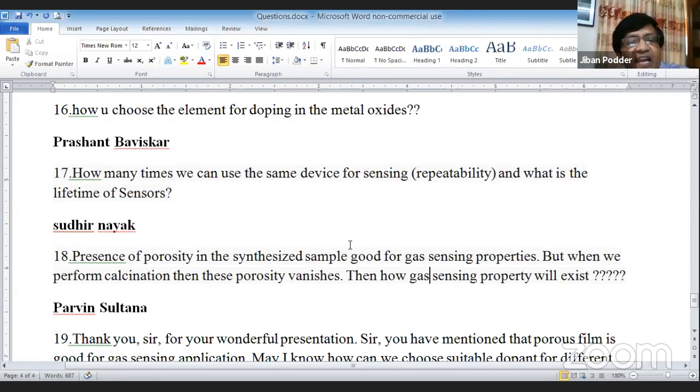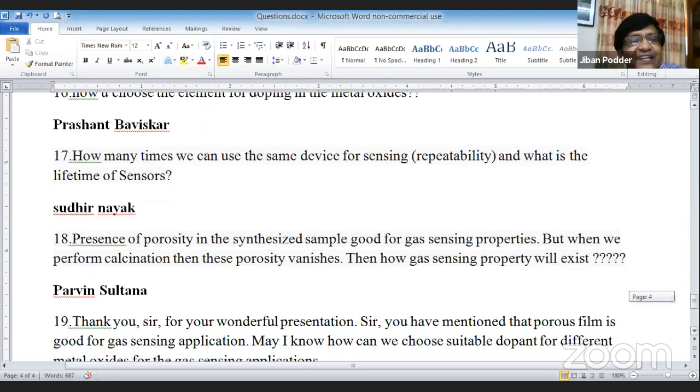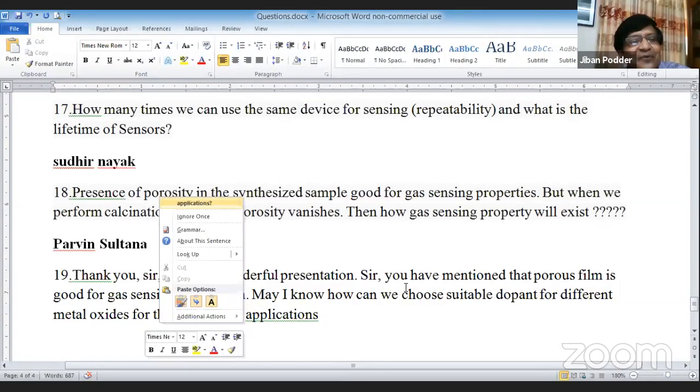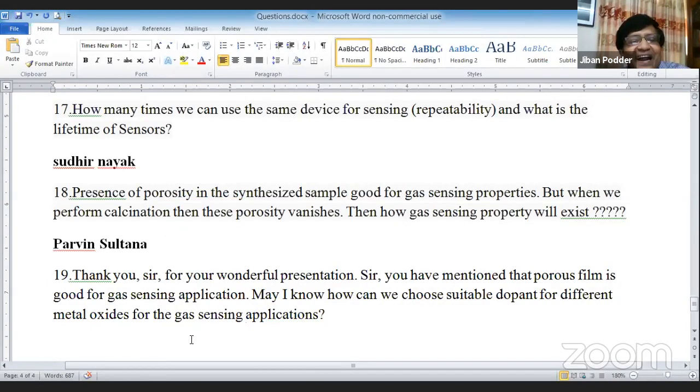How many times can we use the device for sensing, and what is the lifetime of the sensors? That is only in the laboratory. I cannot say the lifetime, because it depends on many items, the quality of the film and the device.